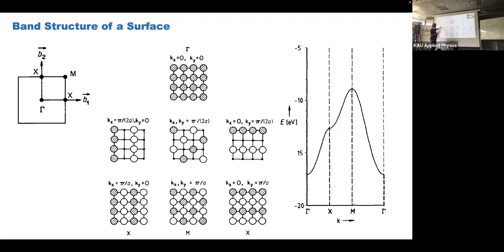That's why we have energy which is raised, and here we have even more chaos. So we have these mixed states. That's why the energy is even bigger here. So we go from gamma to X, then from X to M by these parabolas.